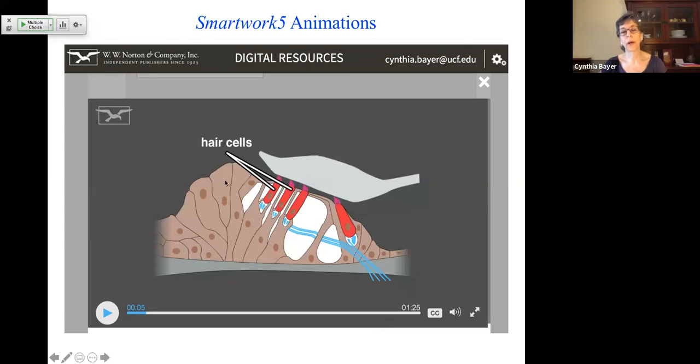But then they also have some animations. Again, this one here called Hair Cells 2 is showing you in a different way the same thing I was just describing. Okay, so I recommend everyone who has SmartWorks to take a look at that. They also have an animation of the action potential that we're going to be talking about today in a neuron.